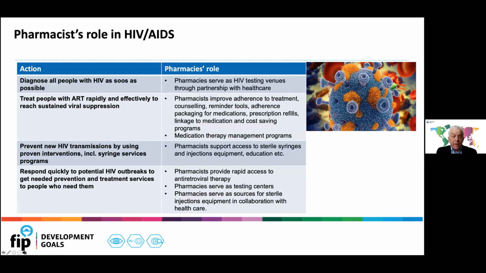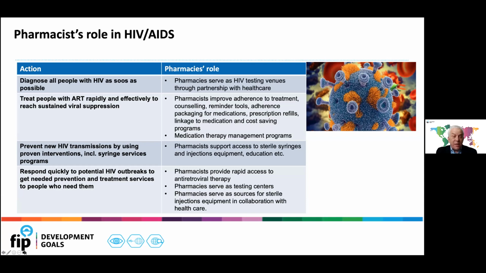So regarding HIV and AIDS, pharmacists have developed a clear role over the years, for example, in antiretroviral therapy. We can, in some countries, diagnose all patients with HIV as soon as possible, as we are a part of a national or regional healthcare facility where we actually can serve as a testing center or testing venue.